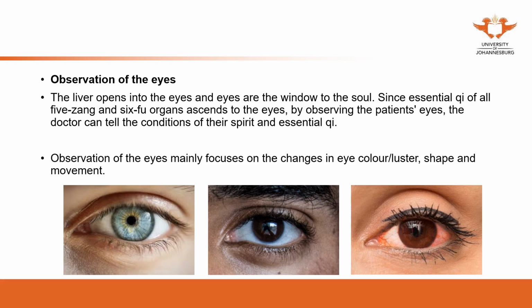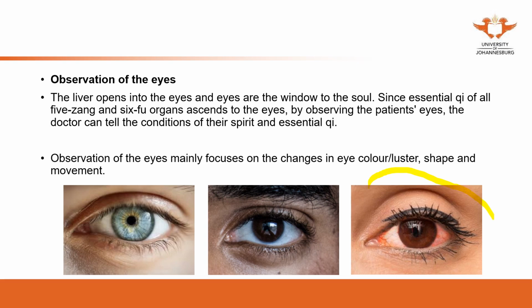Here it depends on the race, like white people or others. Even among white people, eye colors are different. So you need to consider the colors, especially of the irises. These are some of the different colors of the eyes.